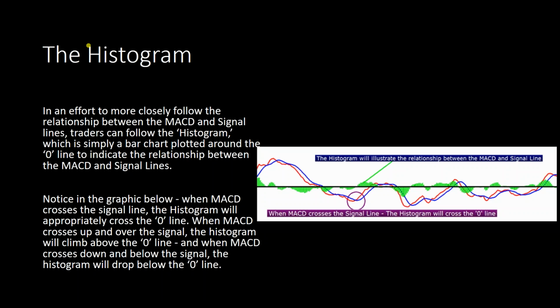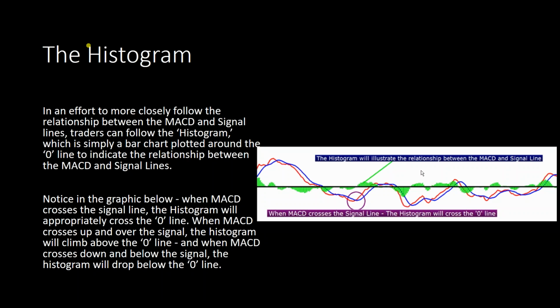When the MACD crosses up and over, the histogram will climb above zero. When the MACD crosses down and below the signal line, the histogram will drop below the zero line. So when the MACD crosses the signal line, the histogram will cross the zero line. The histogram is this bar chart, these green colors put on the chart.